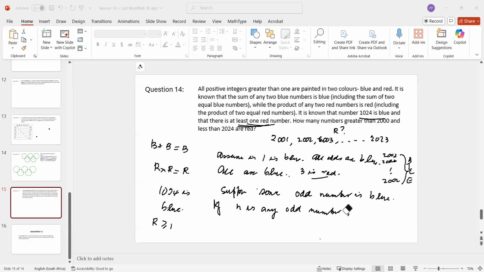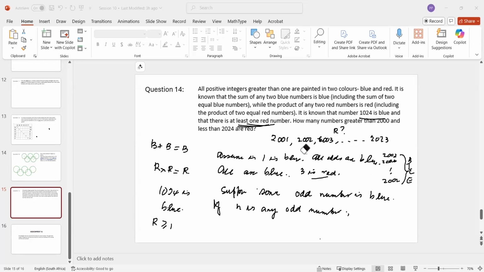If n is any odd number, and you suppose that it is blue, if there is some odd number which is blue, then you get a contradiction. That is the assumption. Assume that there is an odd number which is blue, and you get a contradiction. So therefore, there is no odd number which is blue. So all odd numbers are red, right?